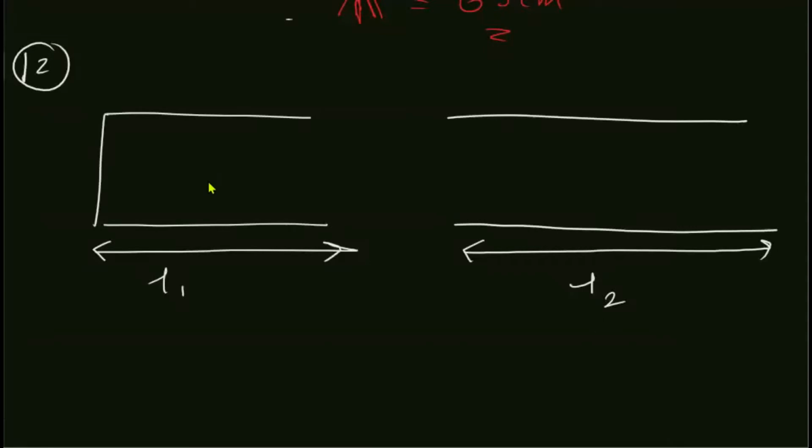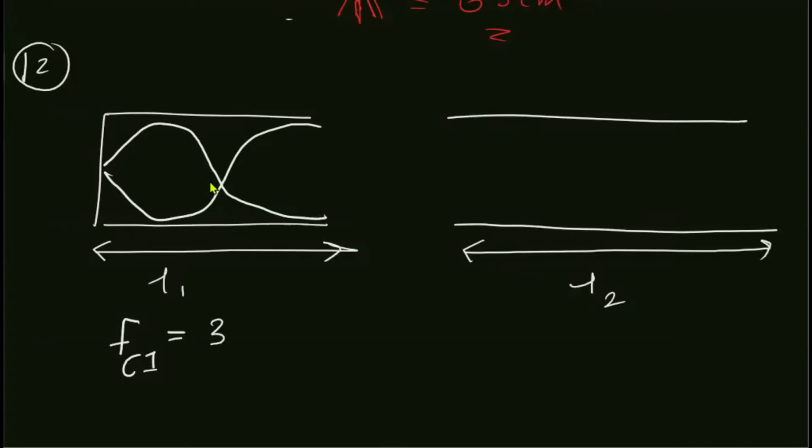The first overtone of the closed pipe, F closed, FC1. How do we write the first overtone? You do not have to remember the drawing to do this question, but it is better to remember.